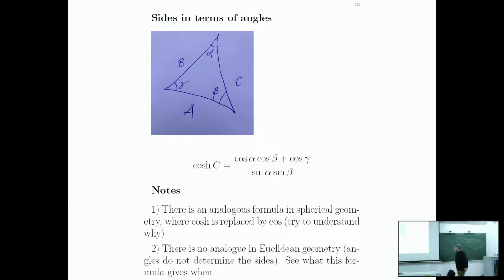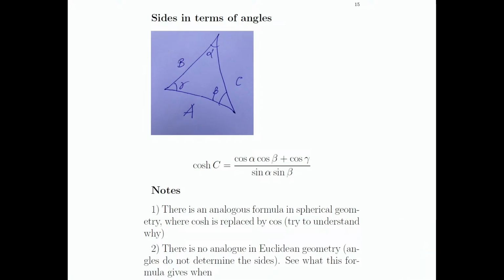So what happens with this formula when I take infinitesimal triangles? Since we know that infinitesimally hyperbolic geometry is Euclidean, so what happens? This formula seems to give a contradiction. Okay, so this is a problem for you.